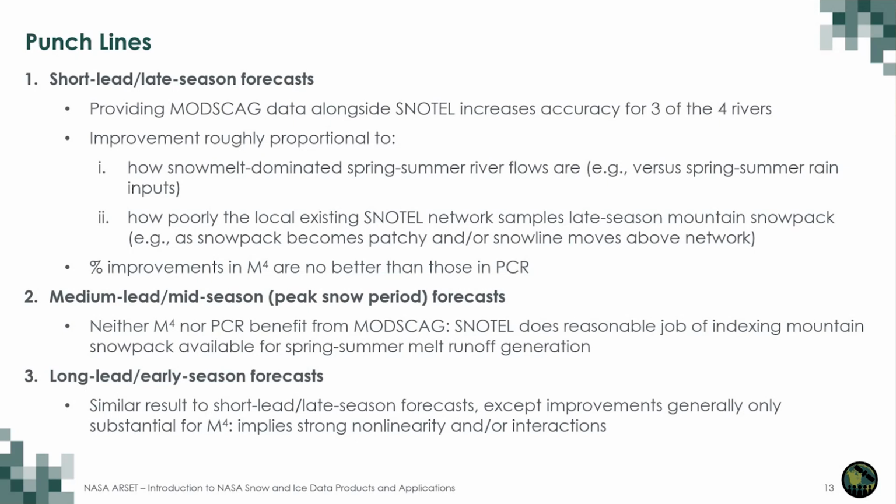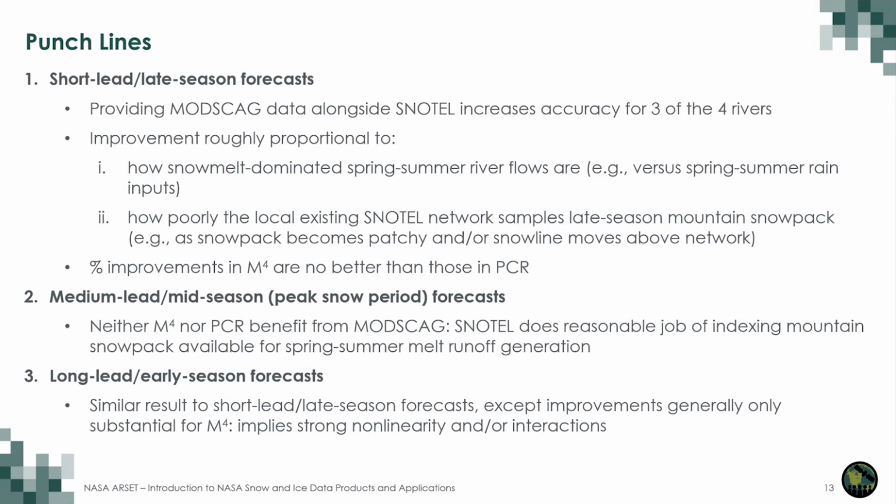The degree to which an improvement was seen was roughly proportional to how snowmelt dominated the spring summer runoff is in that particular river. Not surprising, and that's as opposed to spring summer rain inputs, and also how poorly the local existing SNOTEL network samples the late season mountain snowpack, as it becomes patchy or the snow line moves above the actual in situ network.